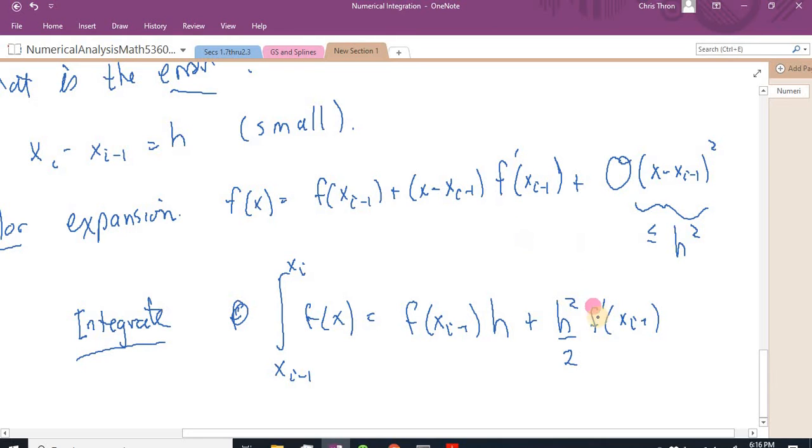So I'm going to get this. Okay, and then here I have plus. Now, if I integrate this number that's of order h squared over an interval of order h, then this is going to be order of h cubed.